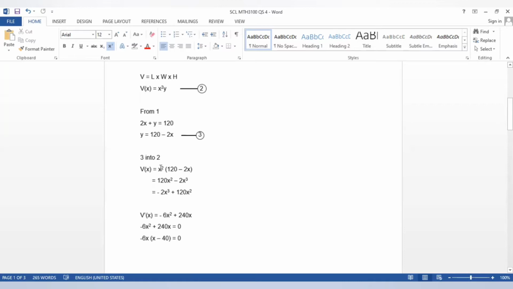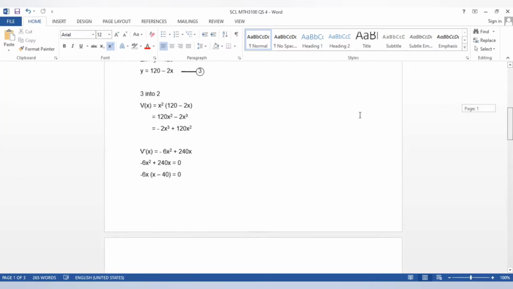And we got V(x) equal to x squared times (120 minus 2x). And after we multiply, we got 120x squared minus 2x cubed. If you want to arrange the equation following the power, we get negative 2x cubed plus 120x squared. And then after that, we want to know what is the x value.